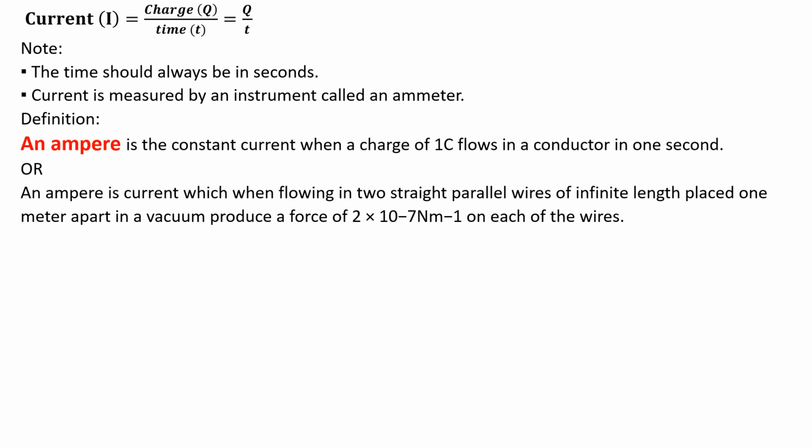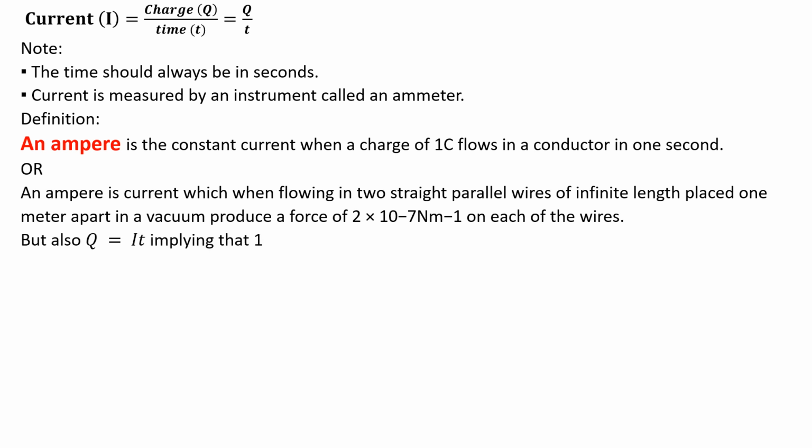This is quite advanced, and for people in HSC, this is one of the definitions that we appreciate, except those of lower secondary. You can use the first definition, as in when a charge of 1 coulomb flows in a conductor in 1 second, then there is a constant current.